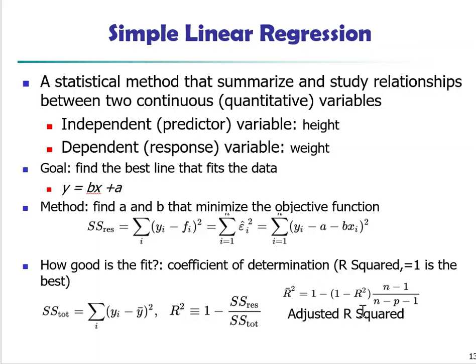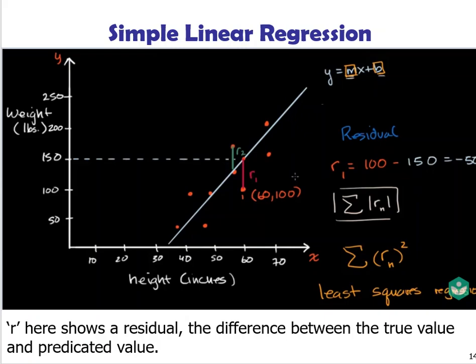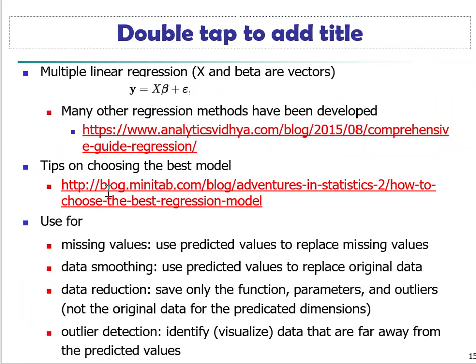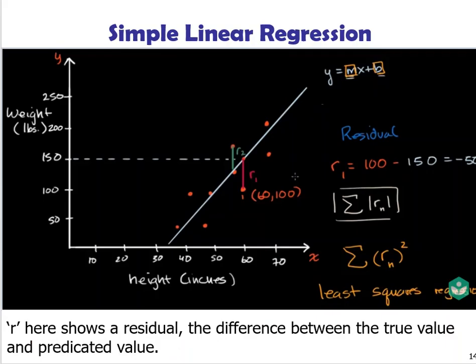But those are really details that we won't use in this class. I just want to draw your attention. In linear regression, to find the best linear regression, it's not just looking at the R squared or adjusted R squared. We also have to plot.